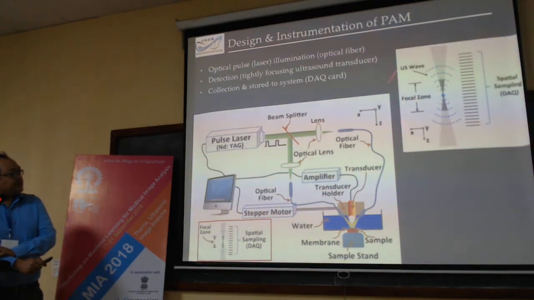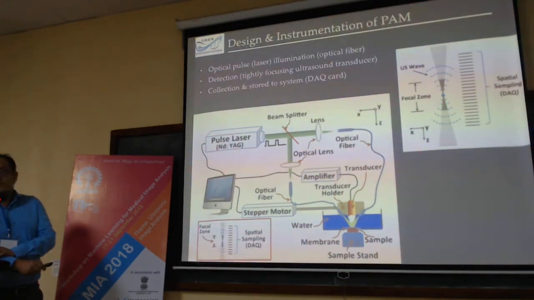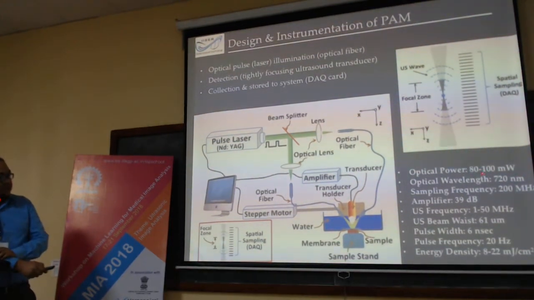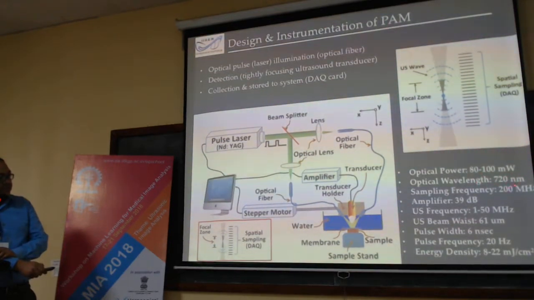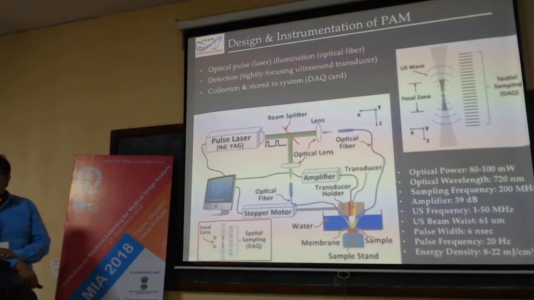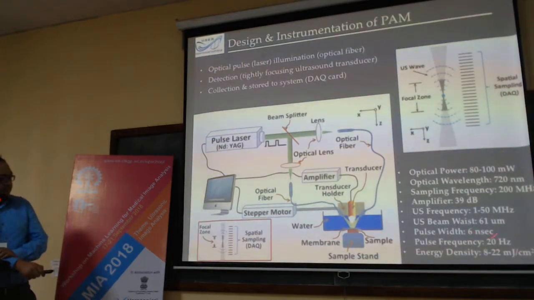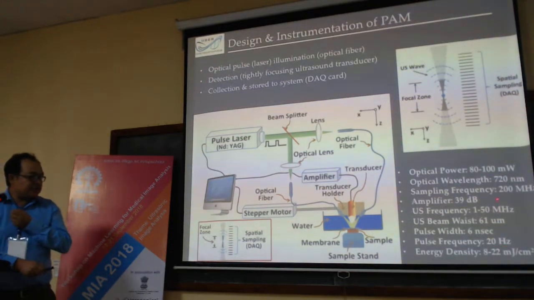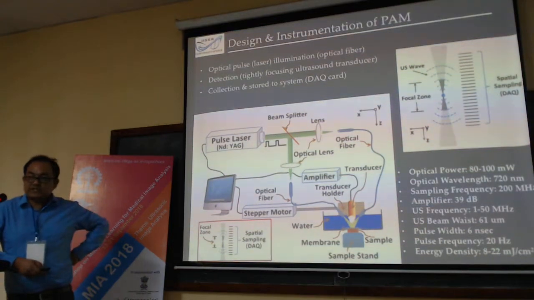This is about the quiz. I was talking about the focal spot size, and then we take the signal and neglect all these other things. Typically we use around 80 to 100 milliwatts, and a sampling rate of 17 to 20 nanometers. The amplifier we use is around 39 dB, and the operating frequency of the ultrasound is 1 to 100 megahertz, with a beam width of 61 micrometers, so the lateral resolution is limited to 61 micrometers.